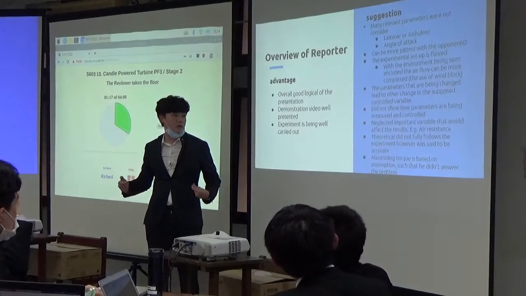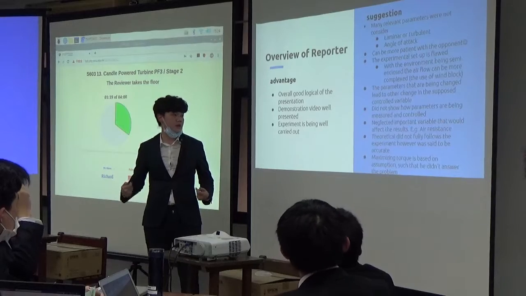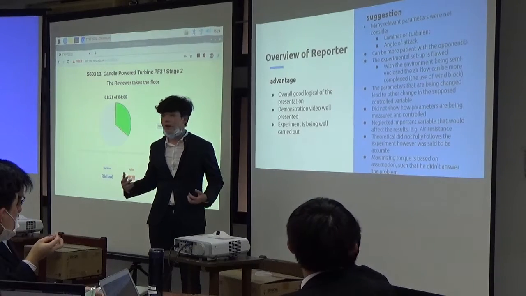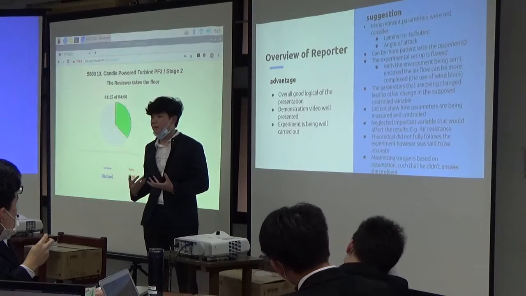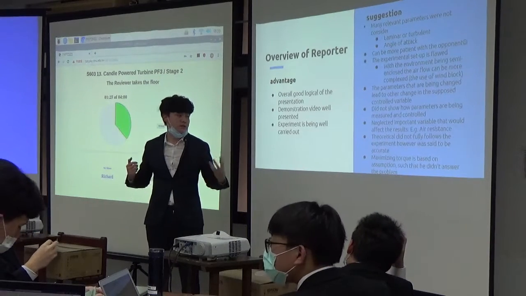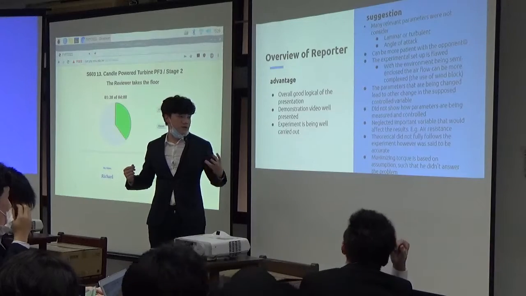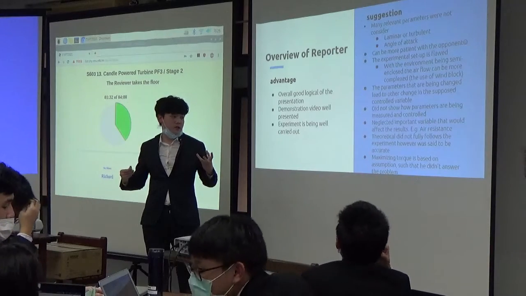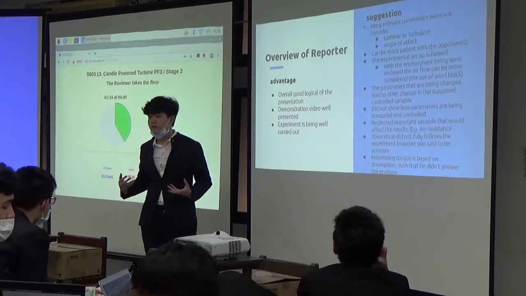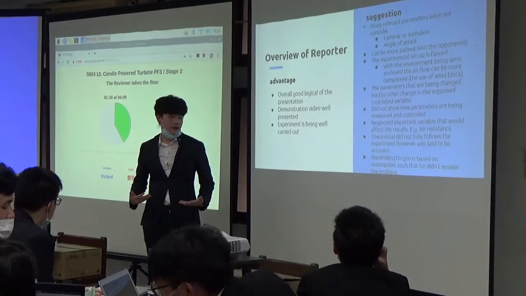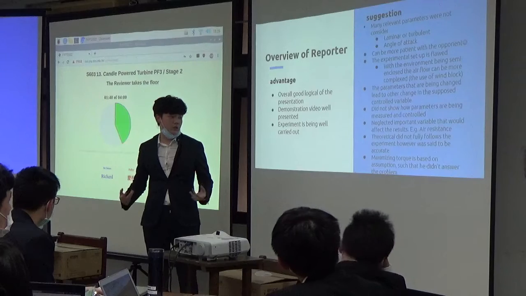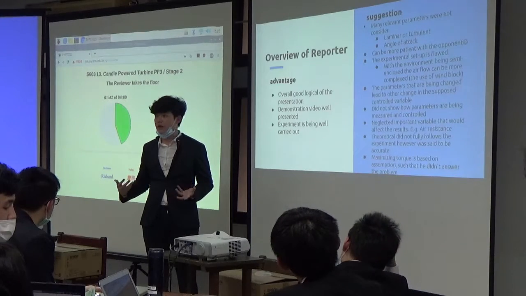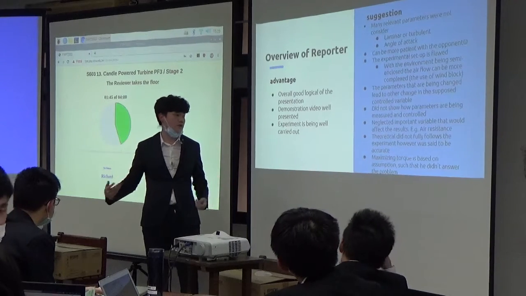They did not show how some of the parameters were measured and controlled. They neglected important variables that would affect the results, such as air resistance, and you can see there is a big difference between their theoretical data and their experimental data. Their maximized torque is based on a lot of assumptions, and they didn't really calculate the actual torque, which I believe doesn't 100% answer the problem.